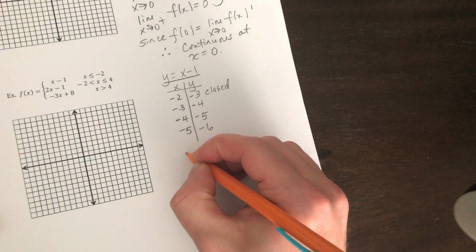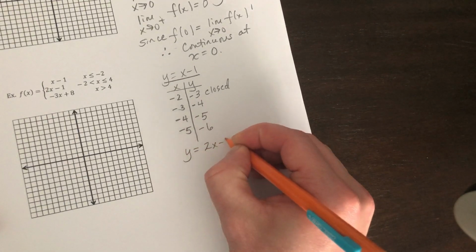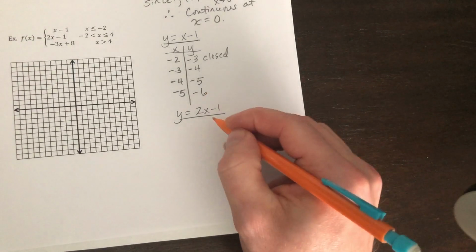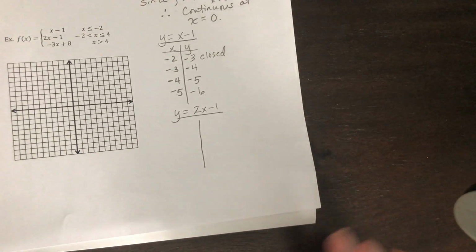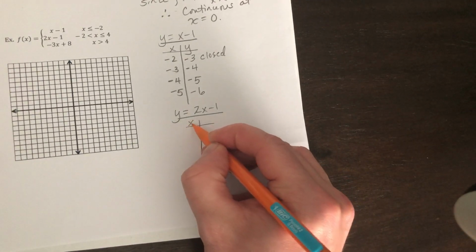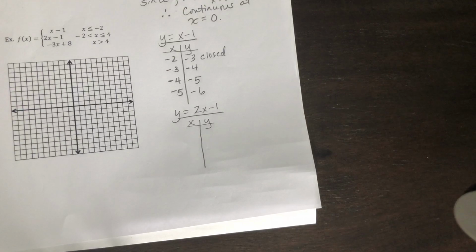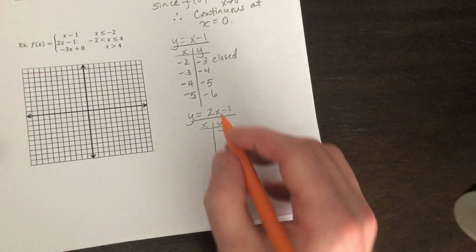The next branch we're going to do is y is equal to 2x minus 1. And we are going to plug in points in between -2 and 4.